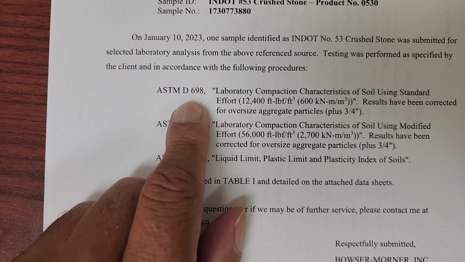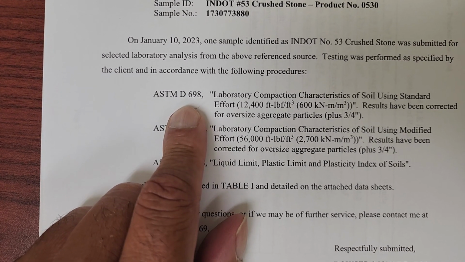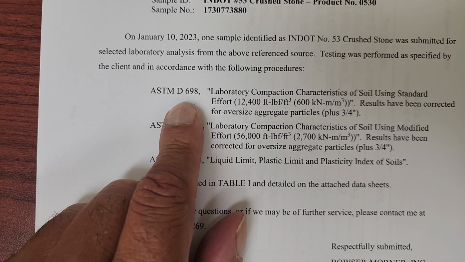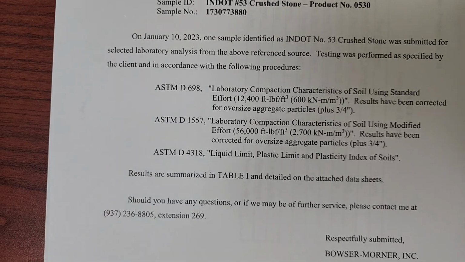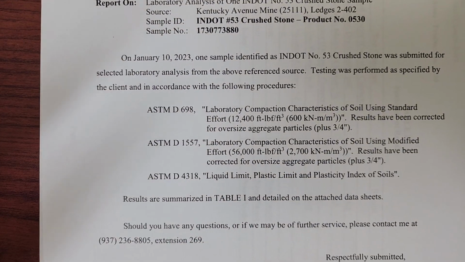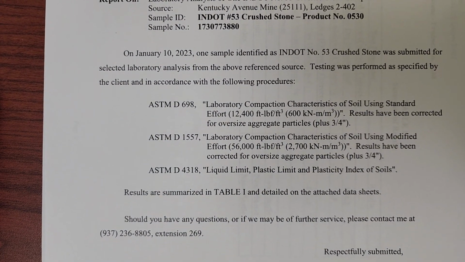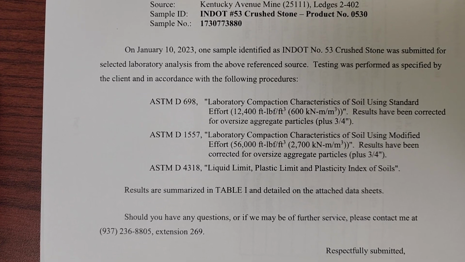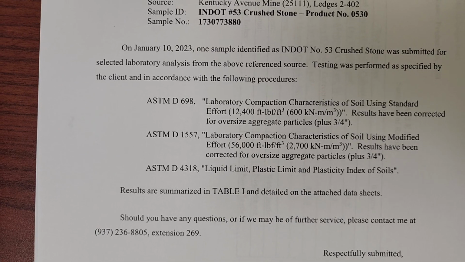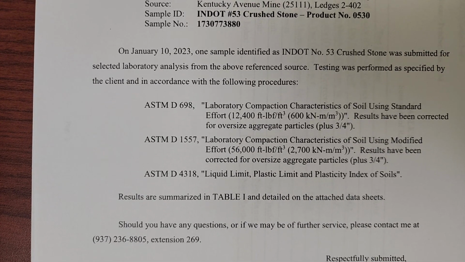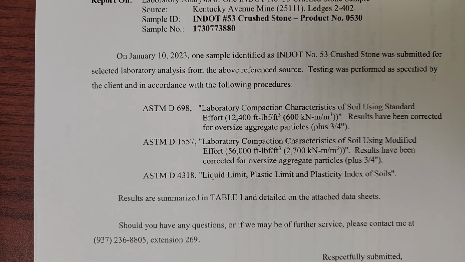ASTM D698 is what we call, in the lab, a standard proctor. Usually a standard proctor is about, I believe it's like 5.5 pounds. It's 5.5 pounds. That's a rammer.